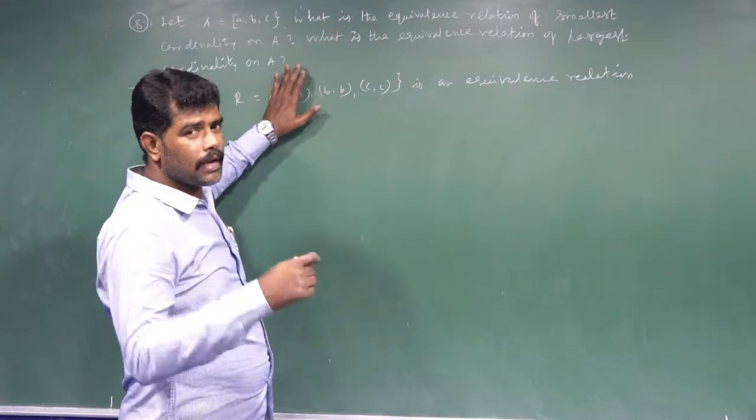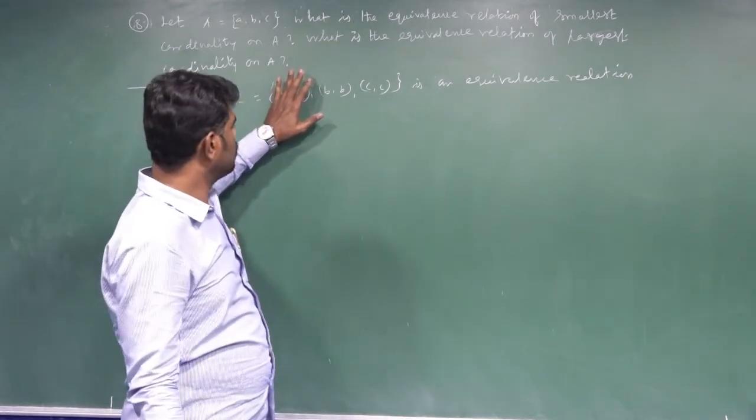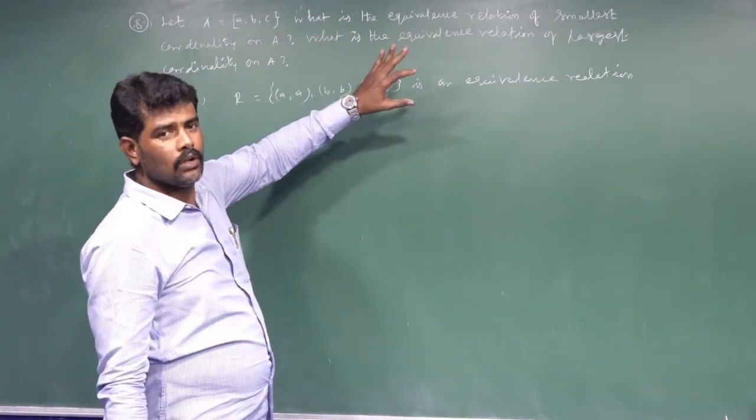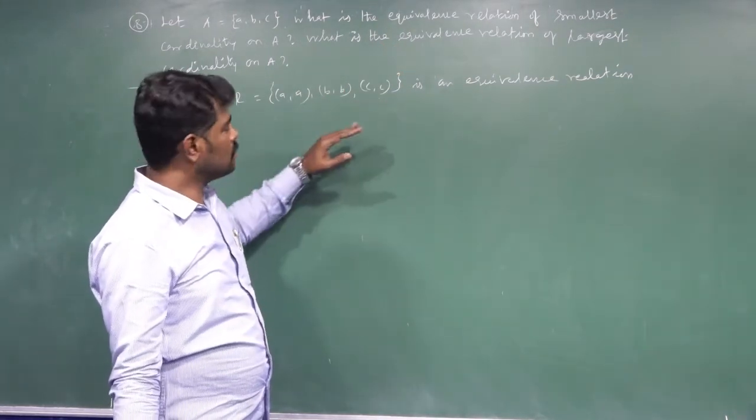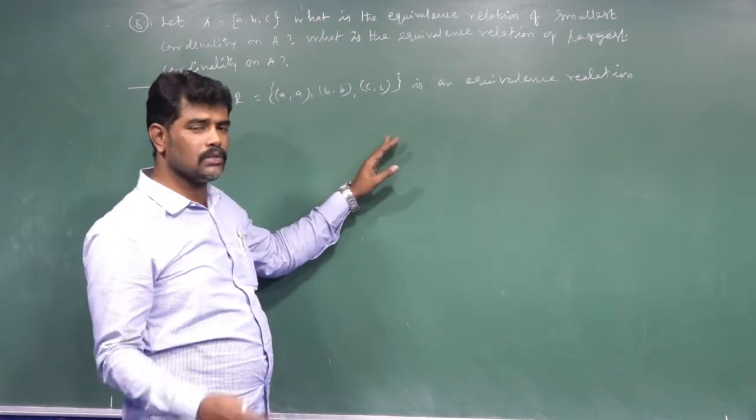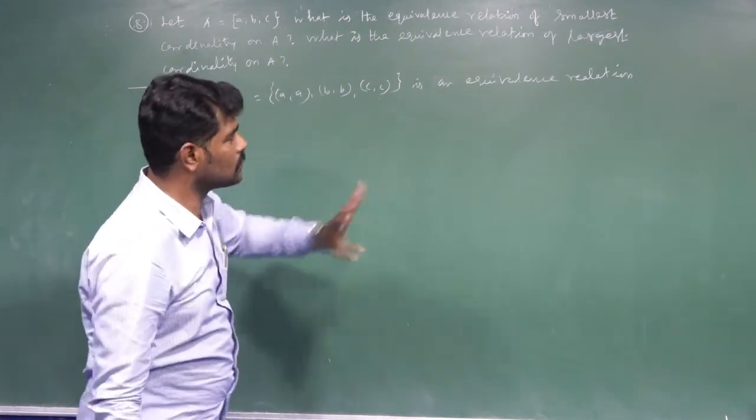The elements are paired with the same elements themselves, so this is reflexive. The pair A comma B is not here, so it is symmetric. AB, BC are also not here, so it is transitive, and then it is an equivalence relation.